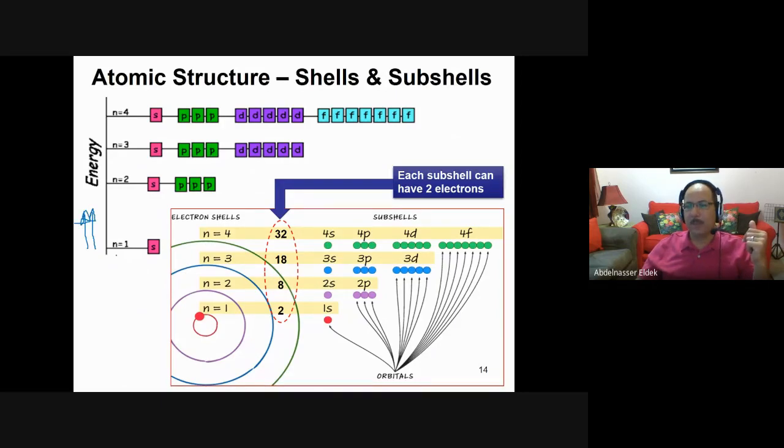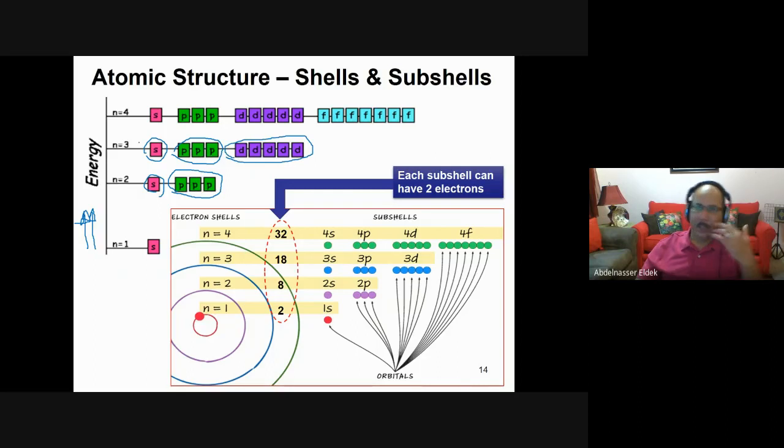So if n is 1, shell number 1, you have only s. Shell number 2, you have s and p. And you see p has 3 variations. Okay. Shell number 3 has s, 3 variations for p, 5 variations for d.